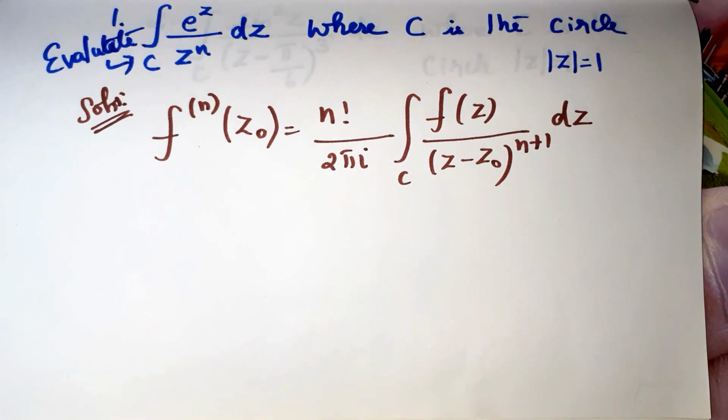This is the first example what we have. We are going to evaluate the integral over c e power z by z power n dz, where c is the circle, modulus of z equal to 1. Already you know that. What is the general formula of a circle?